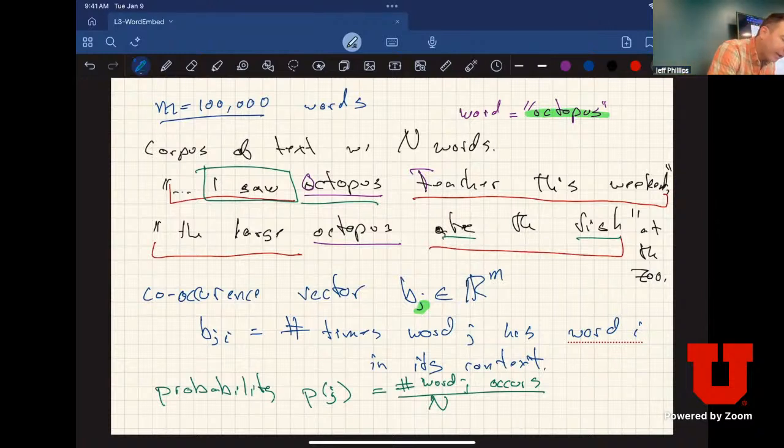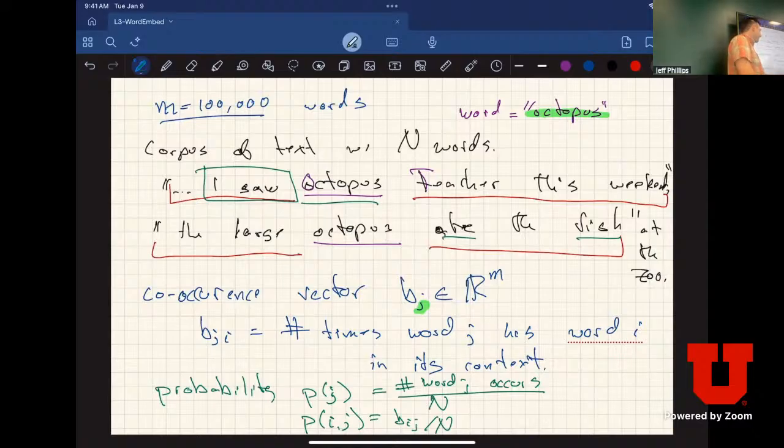And then I'm also going to have P_ij, which is going to be b_ij divided by n. Okay, so now I'm saying the count of the times that the words appear together divided by the total number of things here. So this is P_j, this is P_ij.